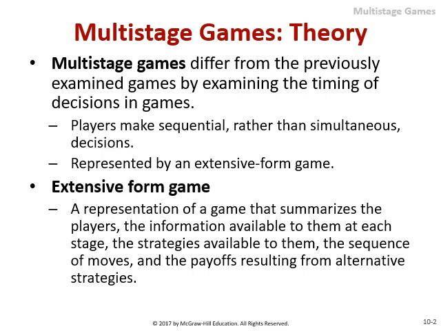We also specify the sequence of moves, who will move first and who will move second. So in this type of game we have other information about the timing or the sequence of moves and about the information available to the players at each stage. And we will see in the next slide how we can represent this extensive form game.